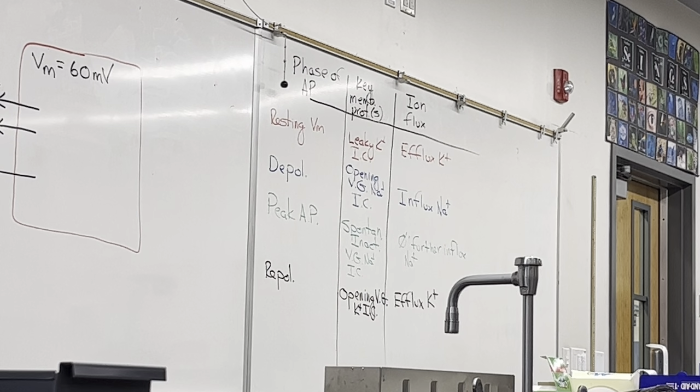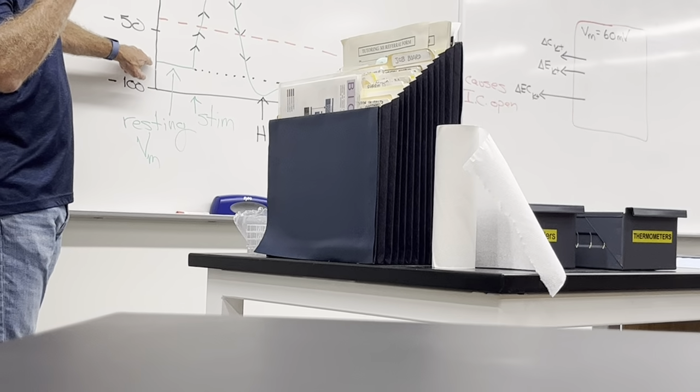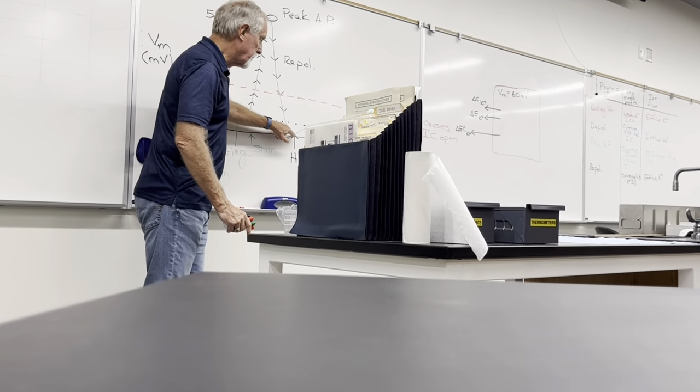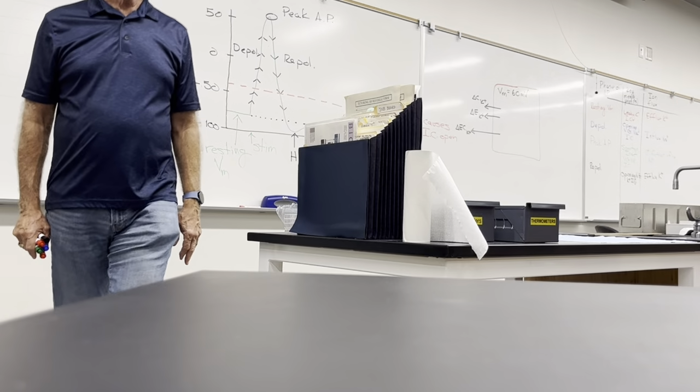So if everybody will look at the graph here, if I can get everybody's eyes up here, please. What causes this to be at minus 70 millivolts? The leaky potassium ion channel. But now here's the important part. Why do we drop below that minus 70 millivolts?